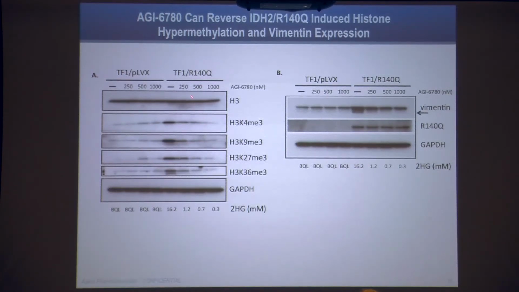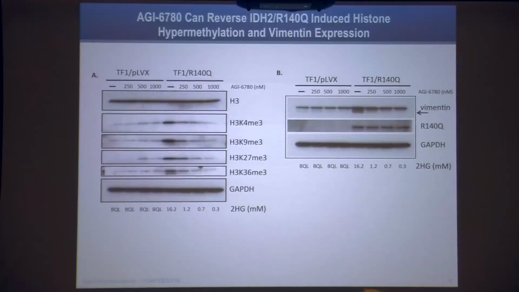When you treat with the compound and we titrate in the drug and lower the intracellular 2-HG, we can dose-dependently reverse this hypermethylation on the histones, just like we can reverse the DNA methylation. We can also reverse the expression of vimentin, which is the marker of the stem cells. So again, suggesting that we're changing the biology, perhaps from a more stem phenotype into a more differentiated cell by treating with the drug and lowering 2-HG.